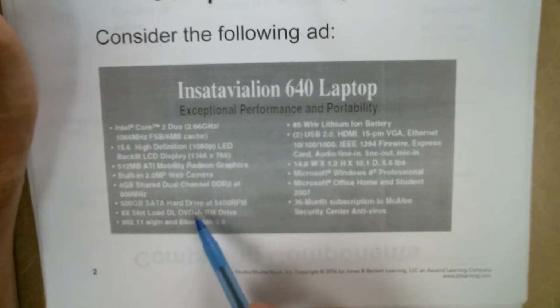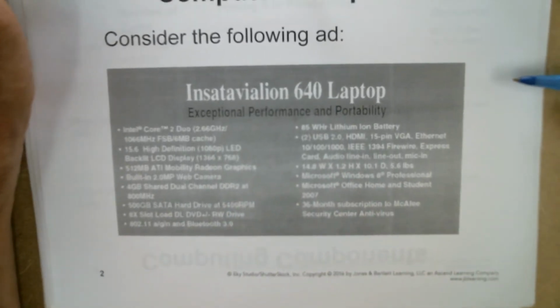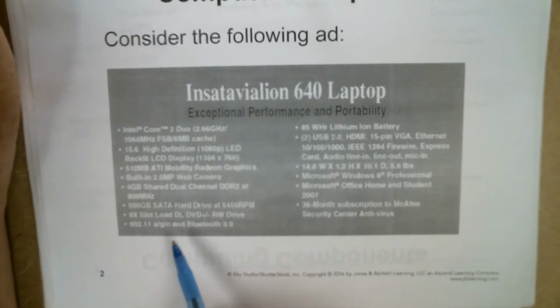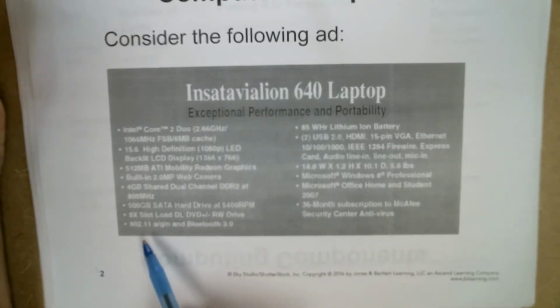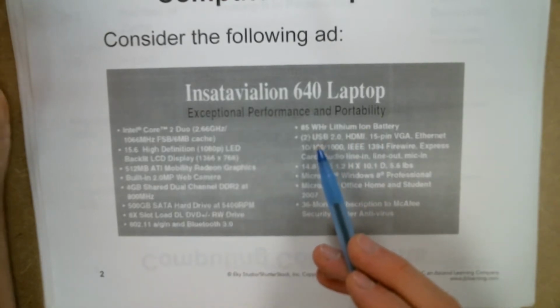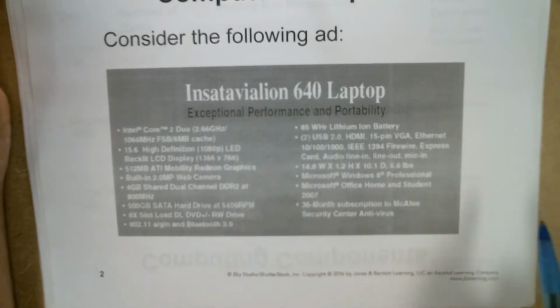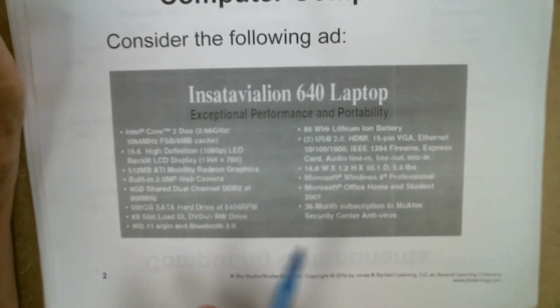There's other stuff here about RAM, and we're going to talk about the difference between primary and secondary storage. There's stuff about DVD and different styles of DVD, wireless protocols, which is how things communicate, and USB, which stands for Universal Serial Bus.